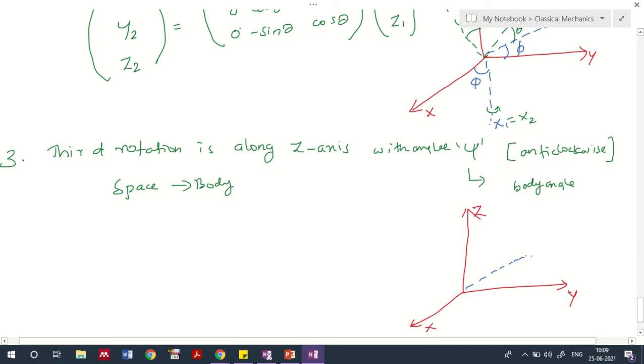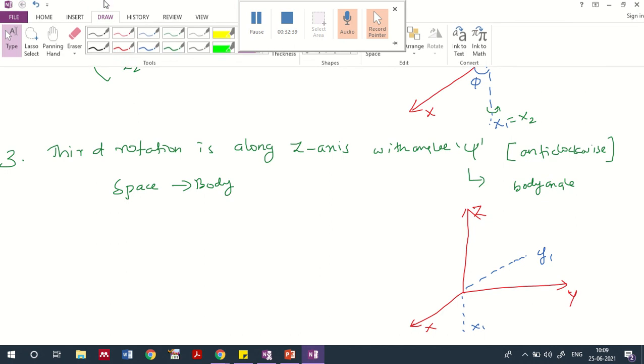This is our y1, and we also have x1 over here, and we already represented z1 also.